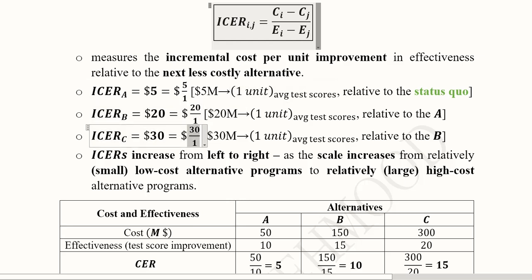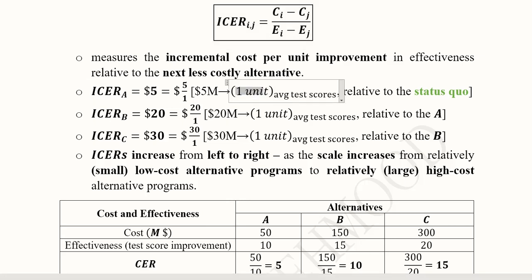$5 million will be the additional cost if we want to improve the effectiveness by 1 unit on average as compared to the status quo. So the journey from status quo to A will require $5 million for each unit of the effectiveness.